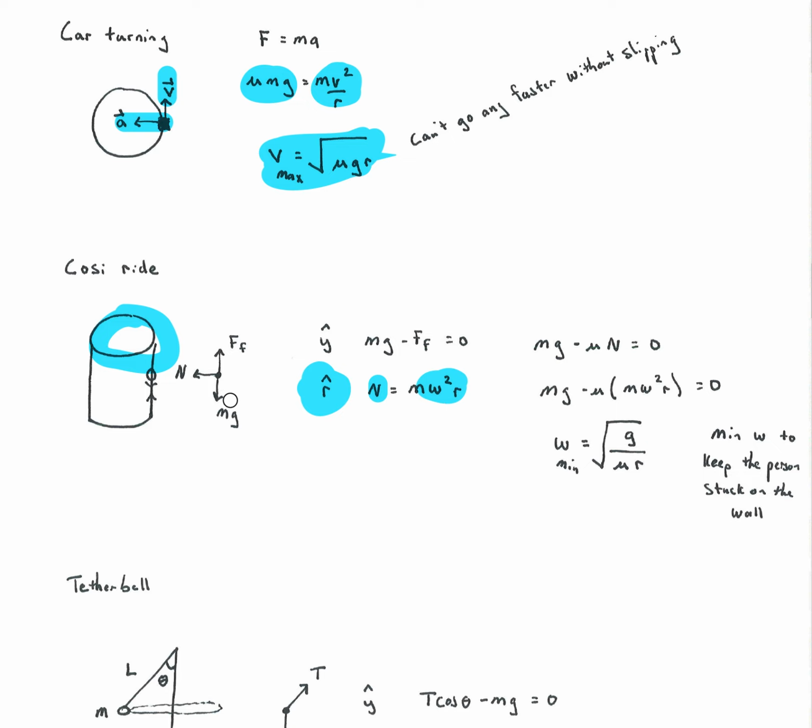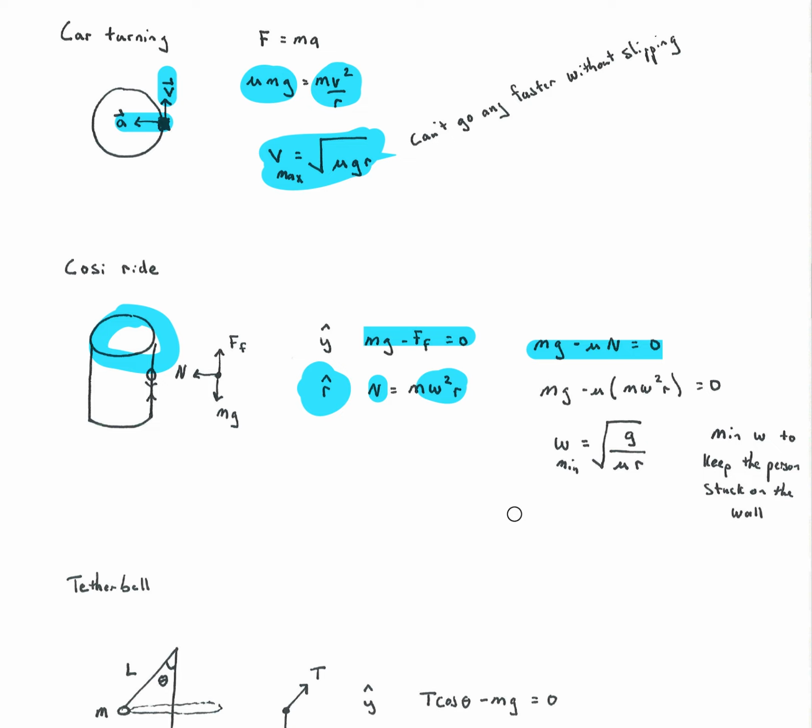And vertically, well, gravity wants to pull you down. Friction of you and the wall is keeping you up. So as long as these two forces are balanced, then you won't move up or down. And you have the normal force of the wall, which is actually pushing you inward, which makes you move in a circle.